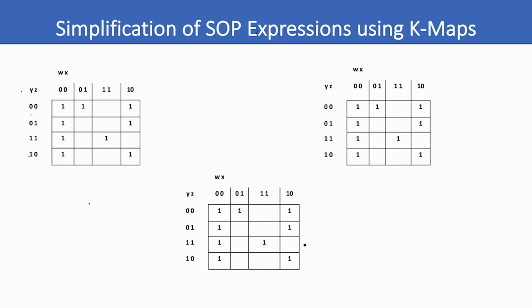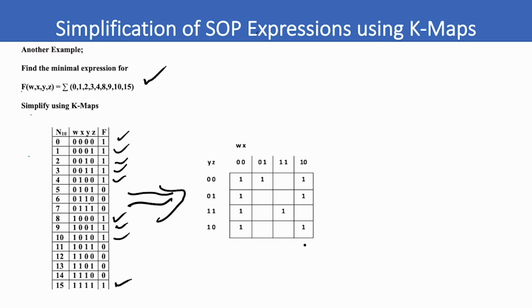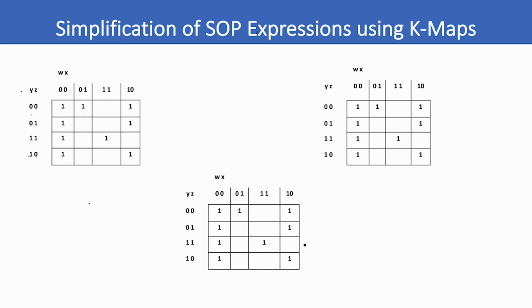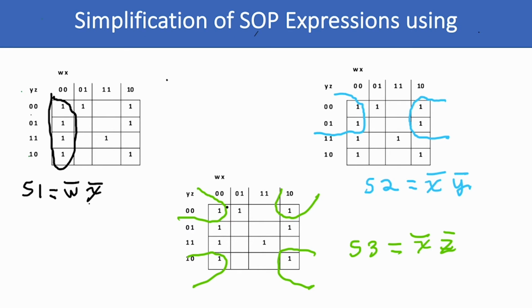So I took this same Karnaugh map and redrew it 3 times. We're going to do an individual cover on each of these maps to define the product term for that particular cover.